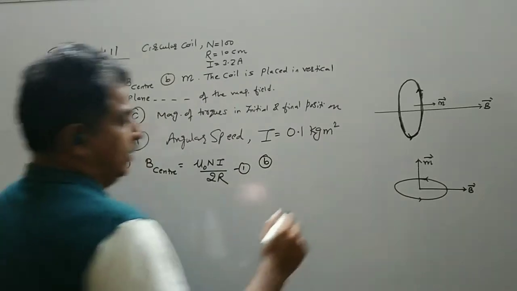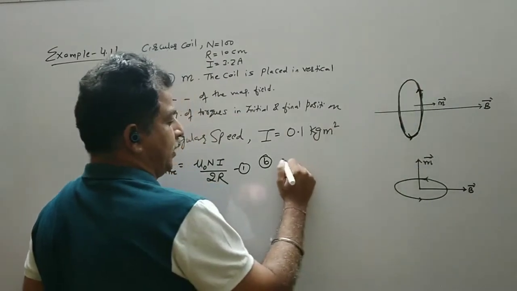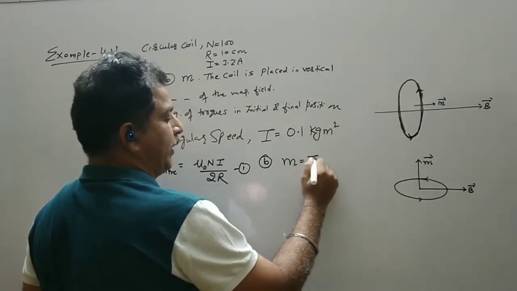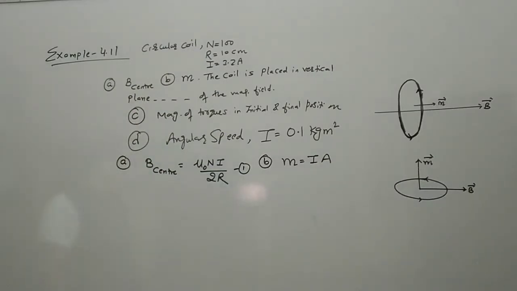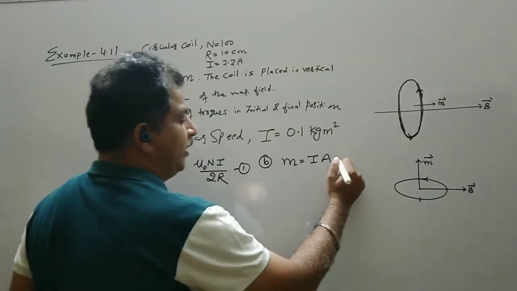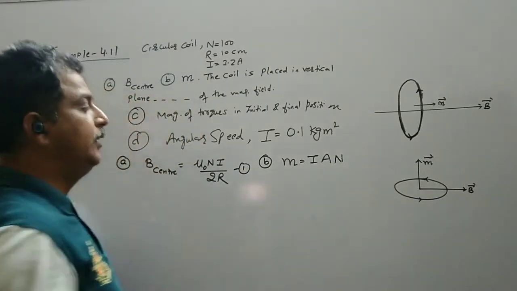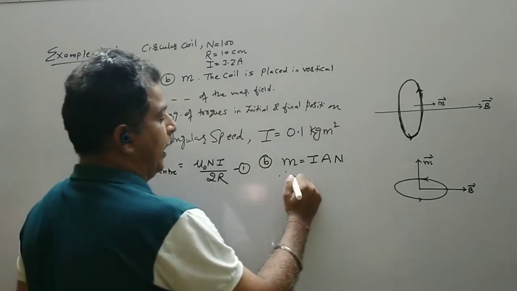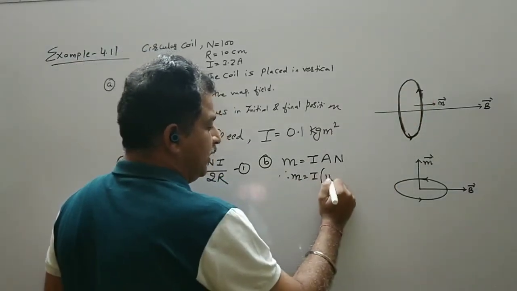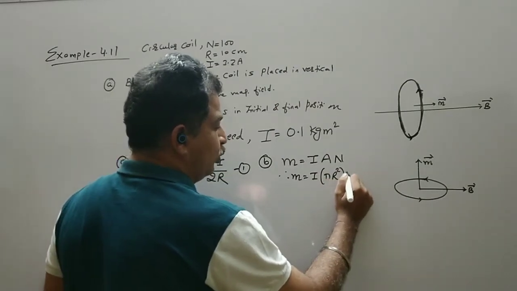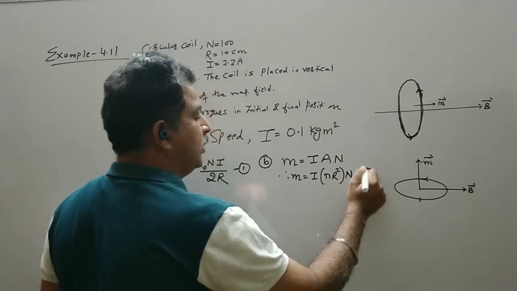We know that if a coil is carrying a current, the magnitude of the magnetic dipole moment is given by IA. Now this was a formula which we did for one turn. Here we have N turns, so we multiply it by N. Therefore, M is equal to I times the area of the loop, that becomes pi r square, into N. So this is our equation number 2.